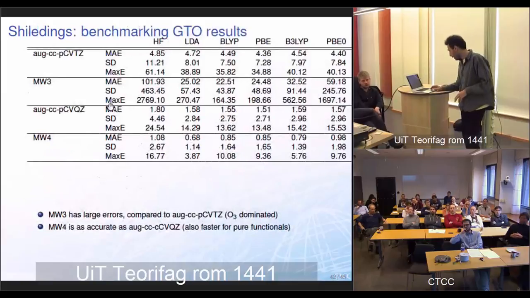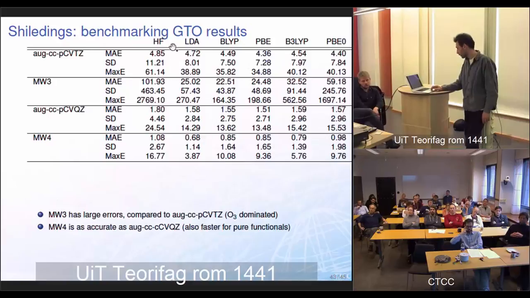So here I have collected some errors, so maximum absolute deviation, standard deviation, and maximum error for different functionals and different multiwavelet calculations. As you can see, multiwavelet 3 is garbage, so the errors are huge for shieldings.